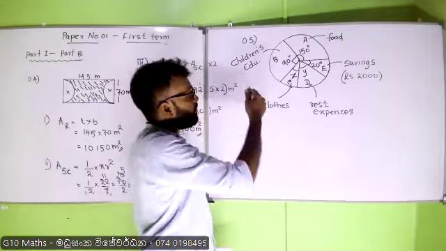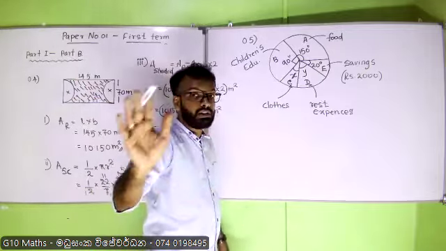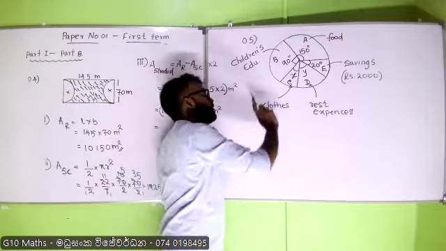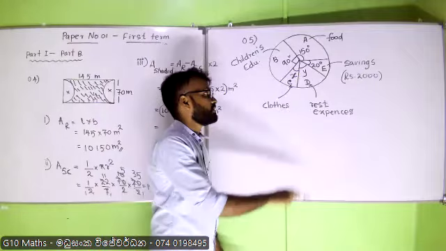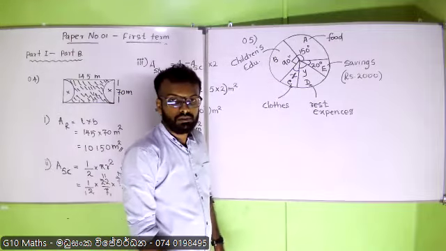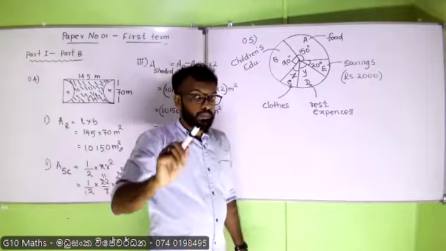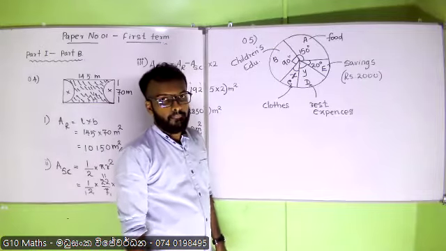Now think, this is your family. Your father is earning a monthly salary and he is spending for your education, your food, your clothes, the rest of the expenses, and also he saves something. This total pie chart represents one month salary.